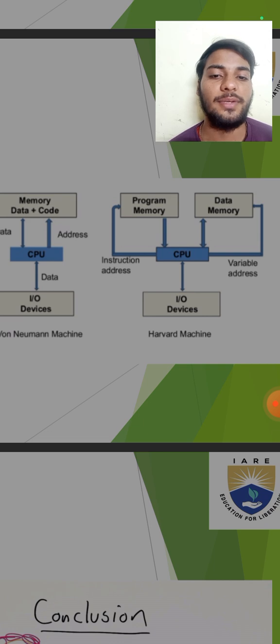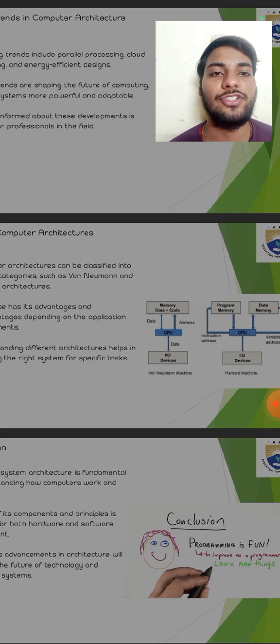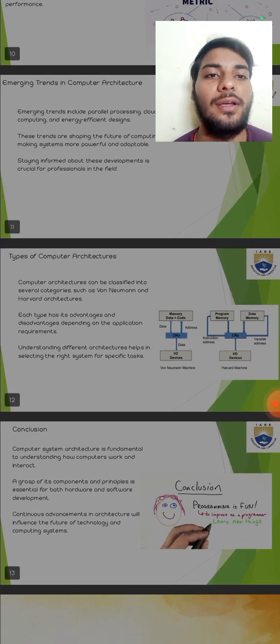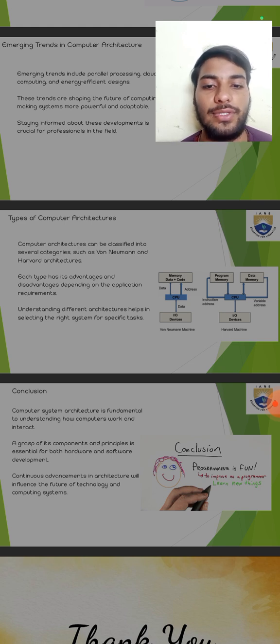So this is the Harvard machine and this is the von Neumann machine. By our choice, or by the given problem, we can choose which one is more efficient to use.